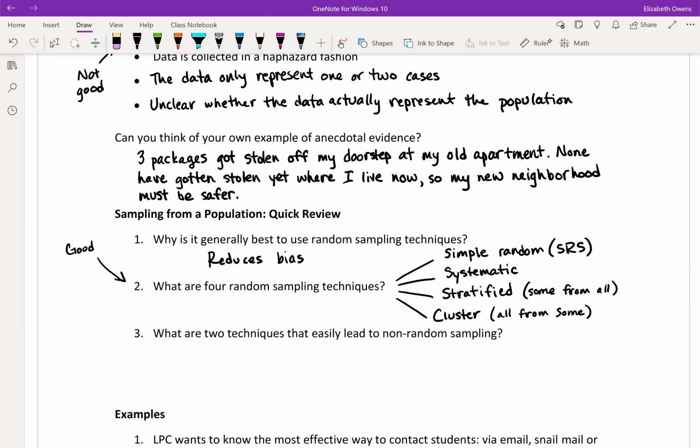And then we also looked at 2 techniques that could easily lead to non-random sampling. And these tend to have bias in them, so these are not great techniques. All right, so again, not good. Okay, the first one of those was convenience sampling.